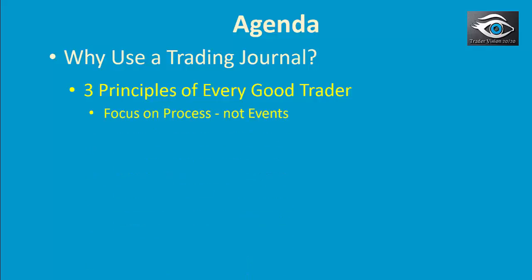First, focus on the process, not on the events. So keep your focus on the steps, the procedures, the criteria, the rules, the things that you can control. You can never control news flow. China can do something overnight. Mario Draghi or somebody else in Europe can do something crazy. We could have an unexpected Fed rate hike.